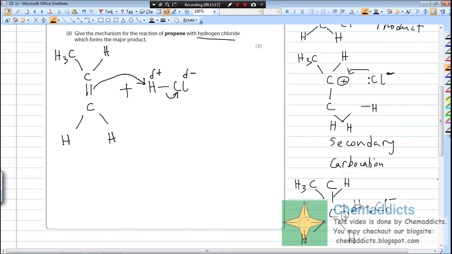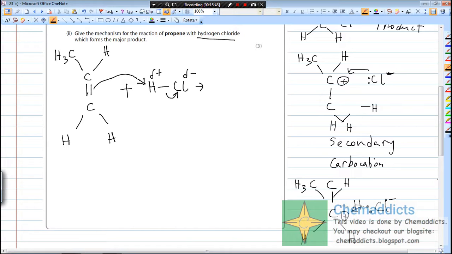Okay. As we can see, the first species that attacks this particular bond is an electrophile, so we have named it electrophilic addition. Since the first attack is by the electrophile, this mechanism is electrophilic addition.